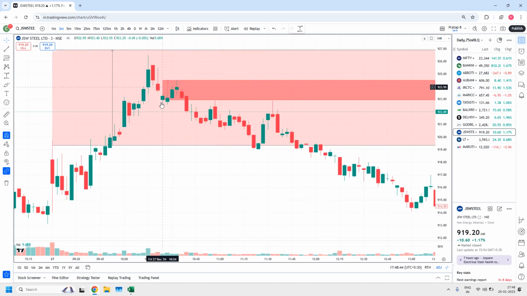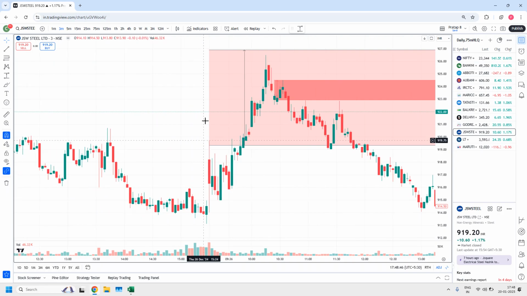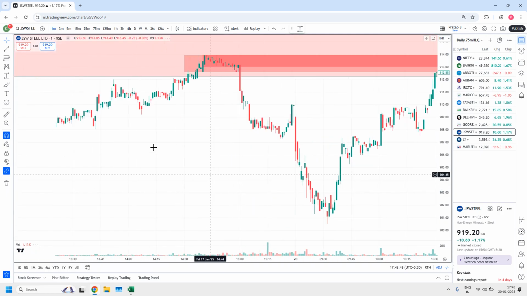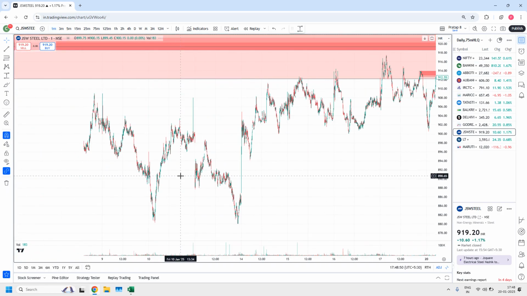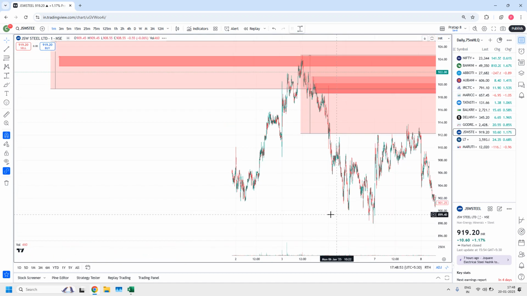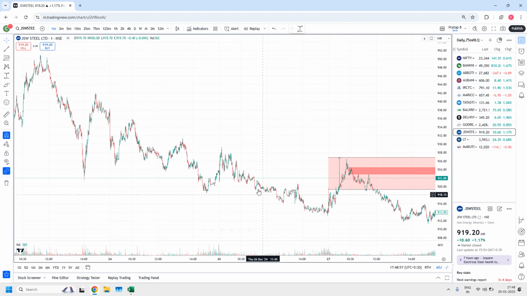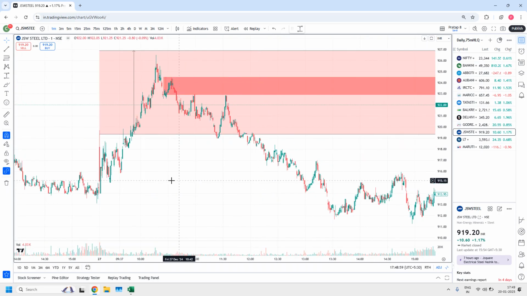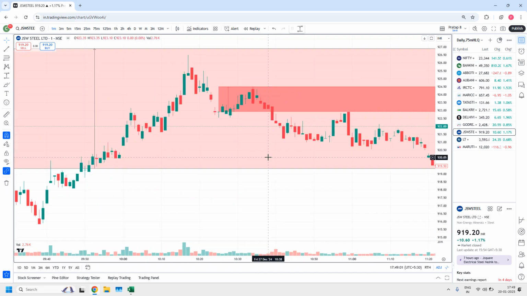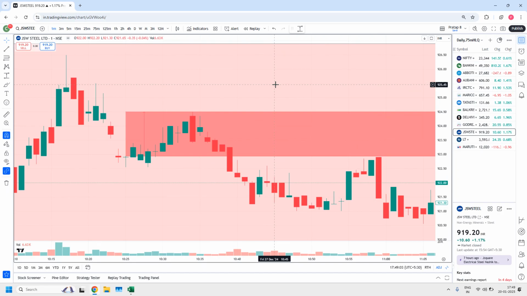Here also it is not very clear. Go to the 1 minute time frame, probably there you might have better clarity. Yes, this is the one.